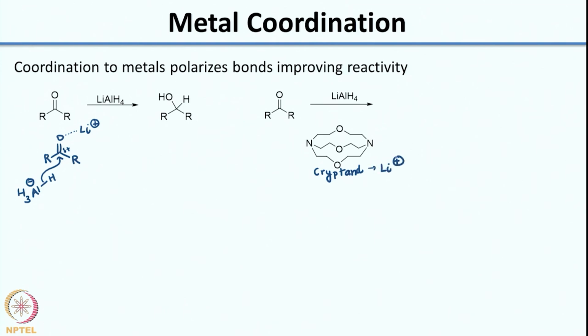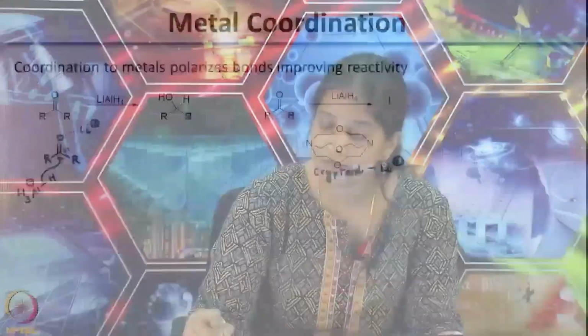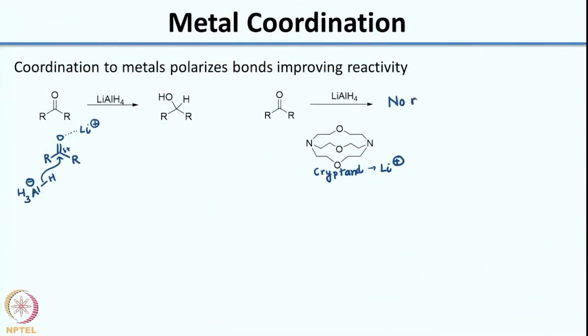So, if you have lithium aluminum hydride in the solution, the cryptand really likes the lithium and it will take it away, alright. So, if lithium were not important, the cryptand would actually improve solvation of the lithium aluminum hydride, and one would assume that the reactivity would improve and the reaction would take place. But what is seen is that when you add this cryptand, you have no reaction.